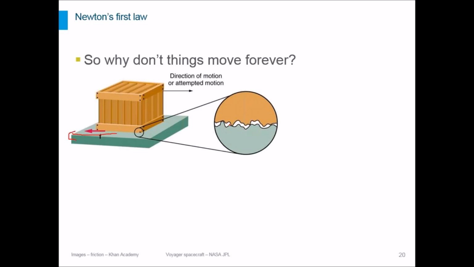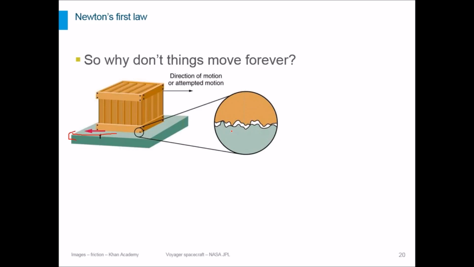The box might seem smooth, but on a microscopic level it's rough, and so is the floor, and so they're putting forces on each other. So the unbalanced force from the floor is actually going to slow the box down to a stop. And that's true of everything. There's always friction between every surface, so things don't just keep moving forever on Earth.